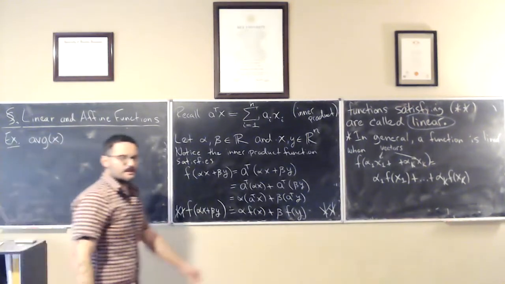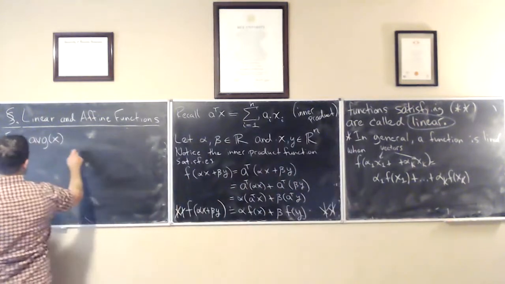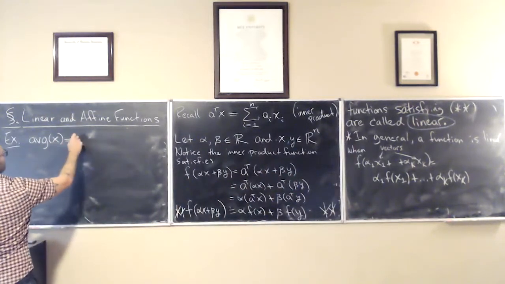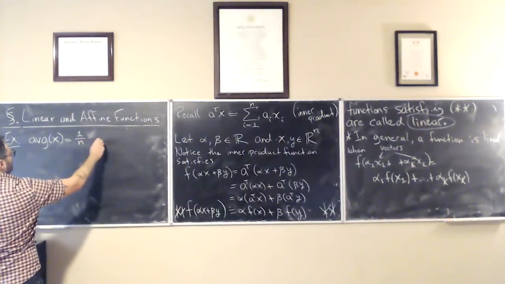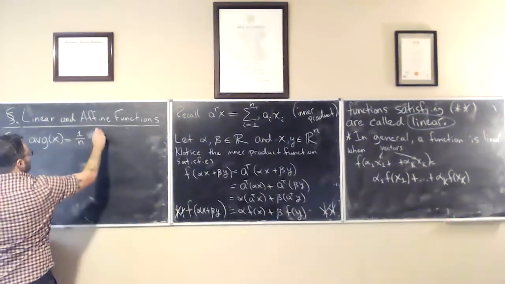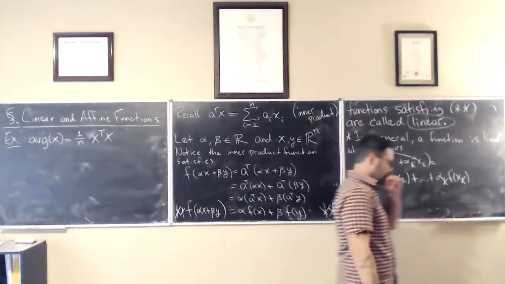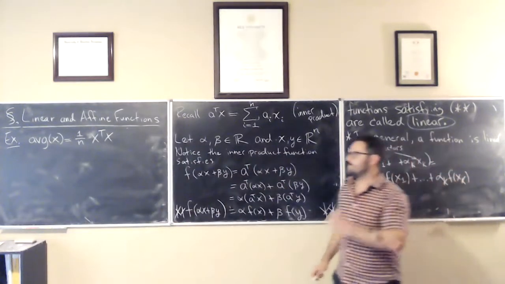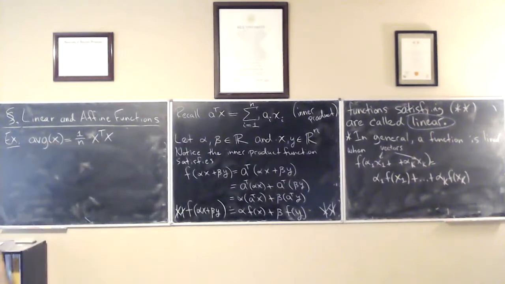The average function should be linear. What is the average function? It's equal to 1 over n times the inner product of the ones vector with x. This is the average of the entries in the vector x.